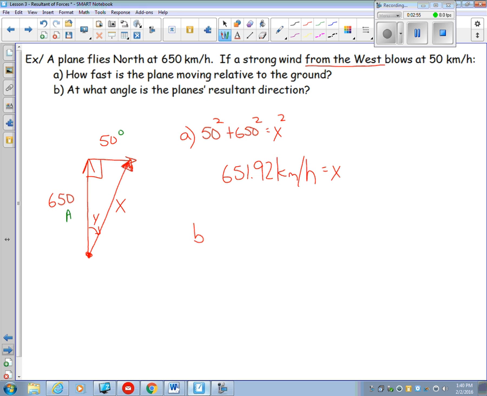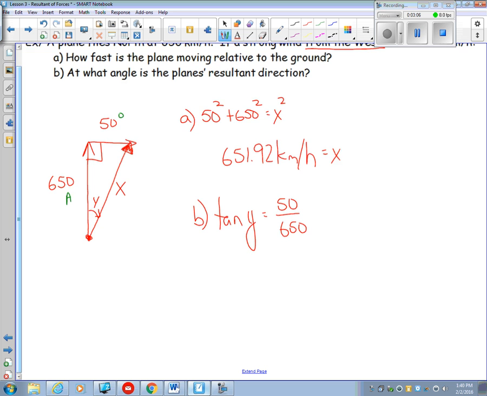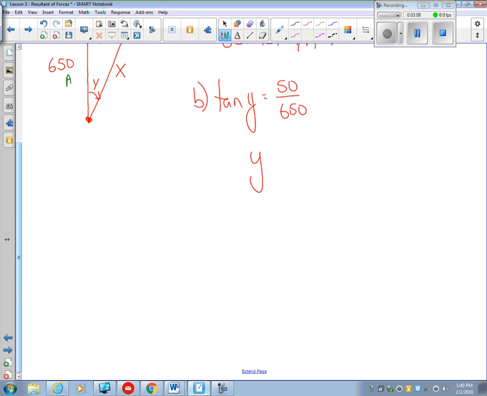So for part B here, the tan of my angle, that's y, equals opposite over adjacent. Right? I want to find the angle, so I'm going to have to take an inverse. So we said when we did this stuff way back when, I take the inverse of whatever that fraction happens to be and punch it in with a dividing sign on my calculator or as a fraction, and I end up with 4.4 degrees.